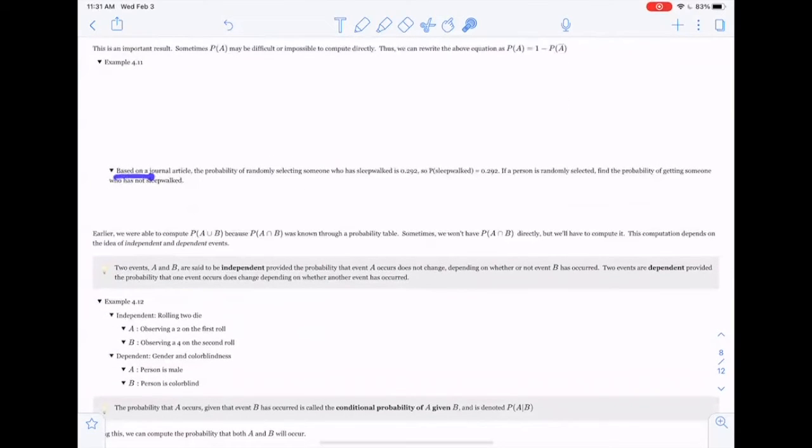Based on a journal article, the probability of randomly selecting someone that has sleepwalked is 0.292. So the probability of sleepwalking is 0.292. If a person is randomly selected, find the probability of getting someone that has not sleepwalked. So we can say A is sleepwalking. That makes A complement not sleepwalking.